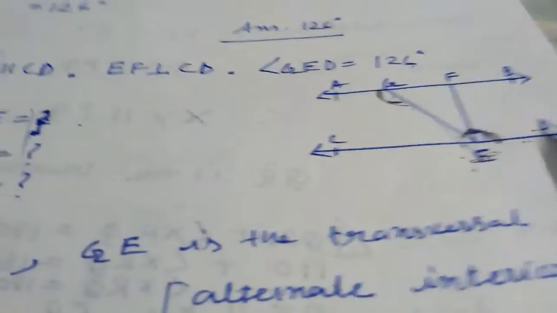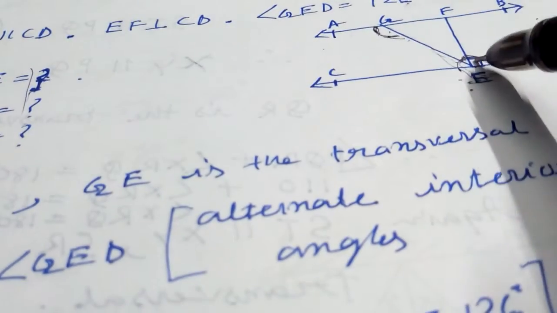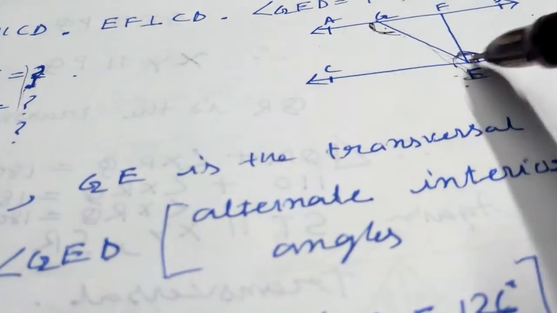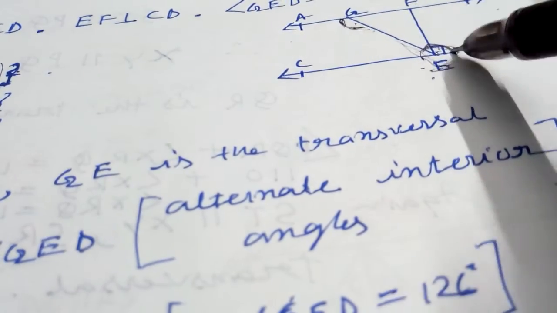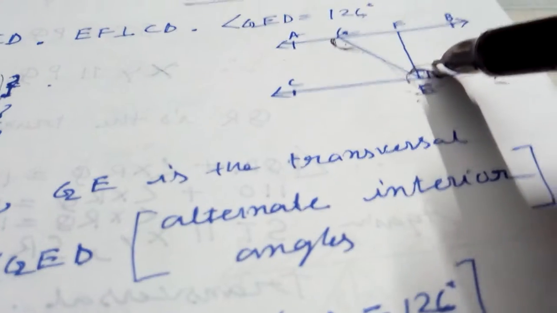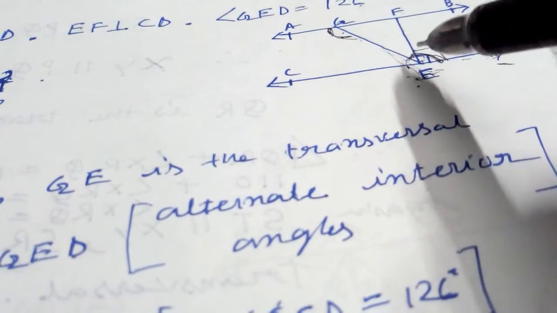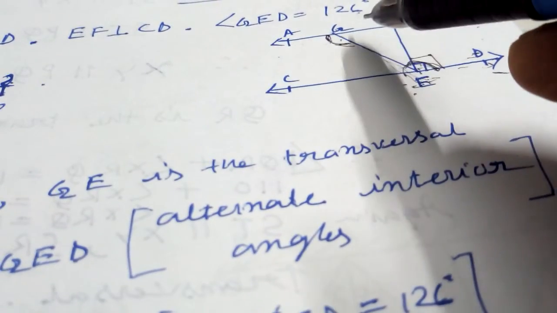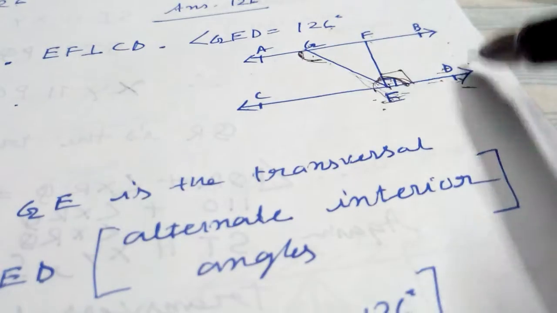Next, what we have to find? ZEF. ZED is equal to 126 degrees and EF is perpendicular to CD, so this angle FED is equal to 90 degrees. We find ZEF by subtracting FED from ZED.